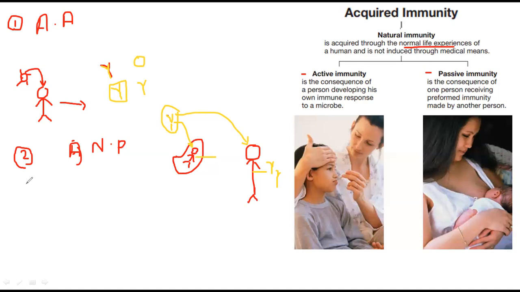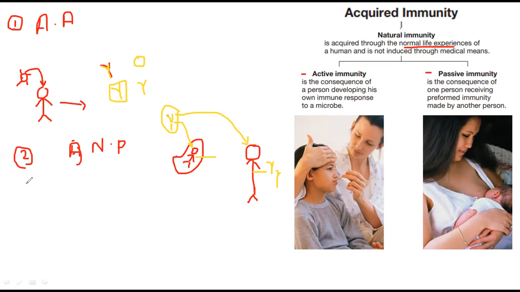Another example of acquired natural passive immunity is that doctors often ask the mother to feed the baby when the baby is born. The mother's milk is very necessary for the baby, because the milk contains a high amount of antibodies produced by the mother against certain pathogens inside her body.